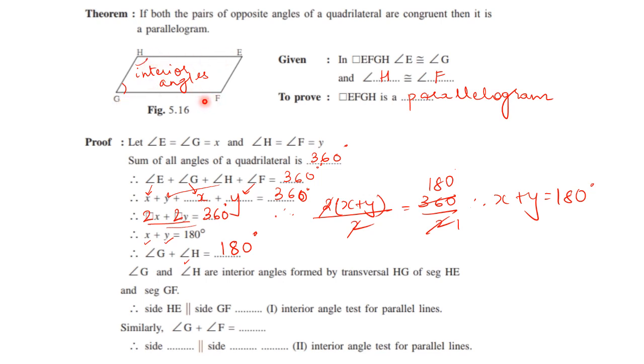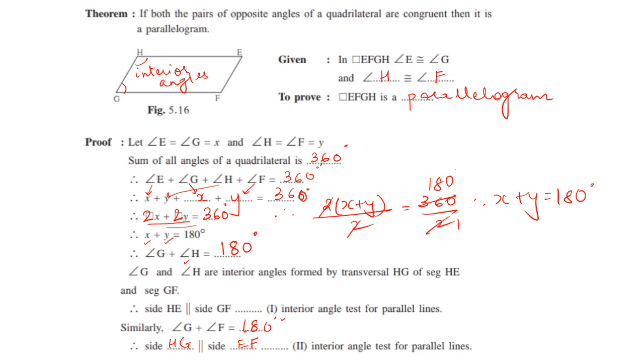Similarly, angle G is x degrees and angle F is y degrees, so x plus y is 180 degrees. So angle G plus angle F is equal to 180 degrees. Therefore, we can say that side HG is parallel to side EF by the interior angle test for parallel lines.